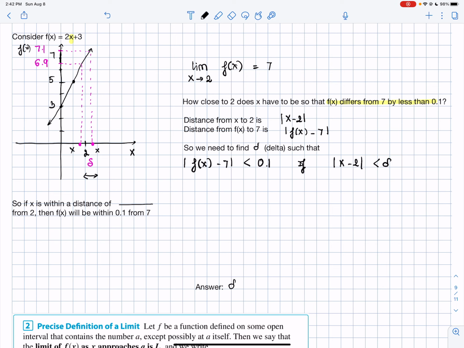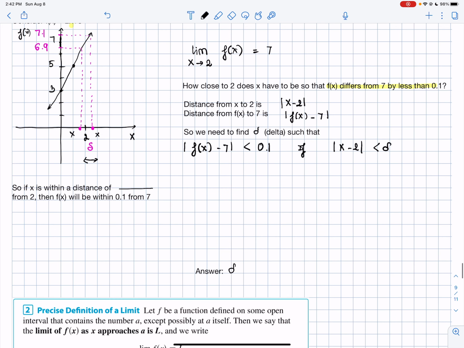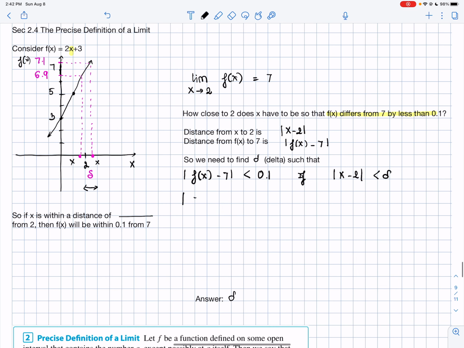The distance from x to 2 is less than delta, and our job is to find delta. So what we need to do is go ahead and plug in the function. The function f of x is 2x minus 3. And then bring down the 7, absolute value less than 0.1 if absolute value of x minus 2 is less than delta.